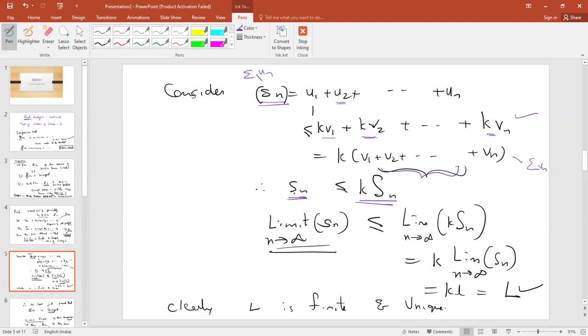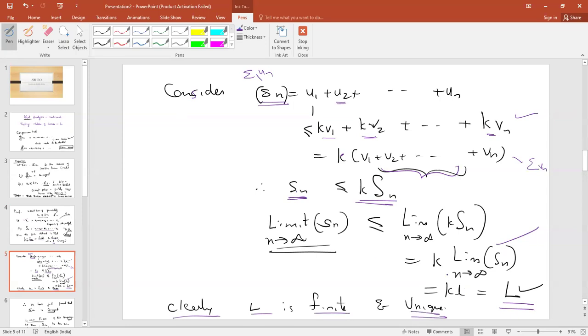Take the limit on both sides: the limit of small sn, and the limit of capital Sn times k. We take k outside and apply the limit. Now we know the right-hand side is k times L, because capital Sn converges to L. Let's give the left-hand limit the name capital L. It is very clear that capital L, being k times L with k a positive constant, is finite and unique.